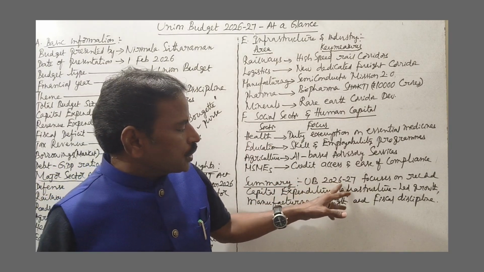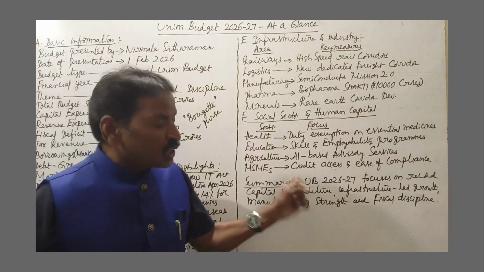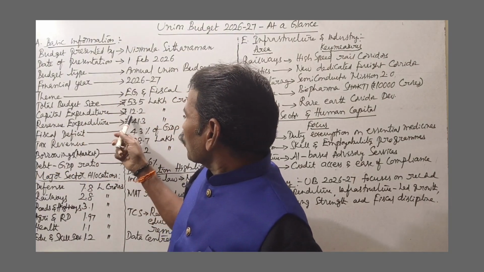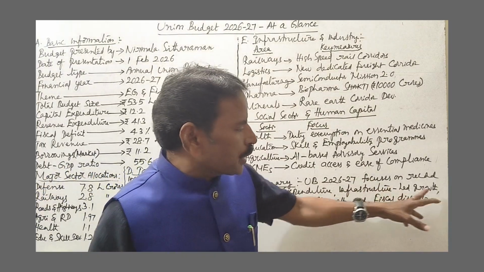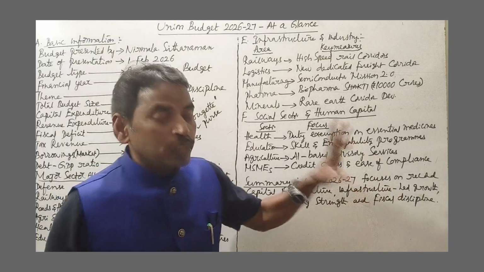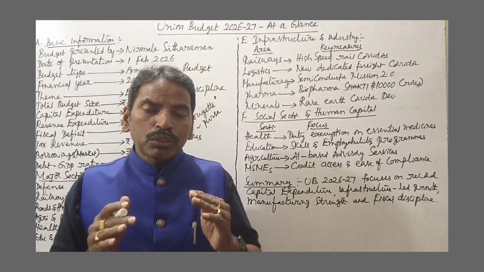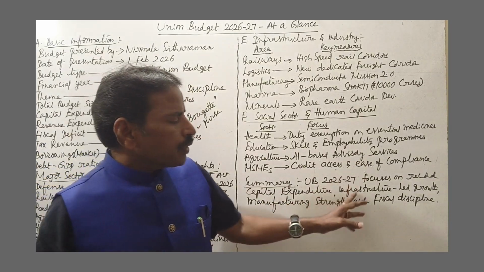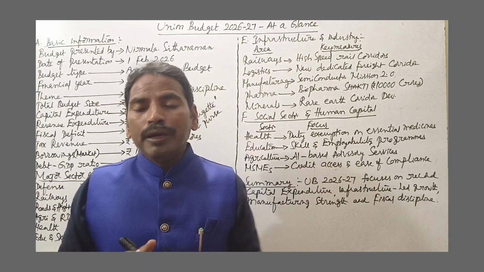Union Budget 2026-27 focuses on record capital expenditure, the highest capital expenditure, 12.2 lakh crores, infrastructure-led growth, manufacturing strength and fiscal discipline.